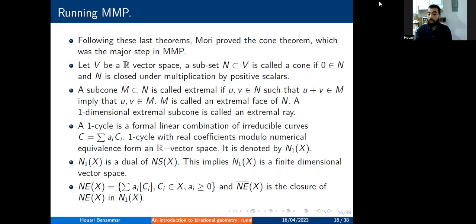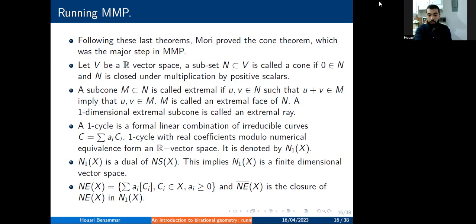Okay, so N_1 is, by a perfect pairing, we can see that N_1 is the dual of the Néron-Severi group, and this implies that N_1 is a finite dimensional vector space, because by the exponential spectral sequence we can see that the Néron-Severi group is included in H^2, and H^2 is of finite dimension. So this means that N_1 also is of finite dimension.